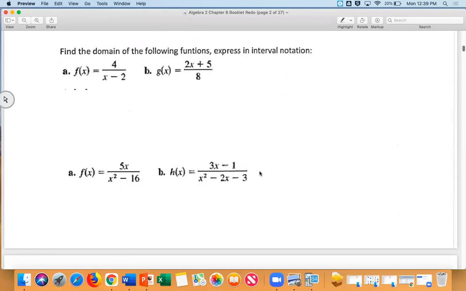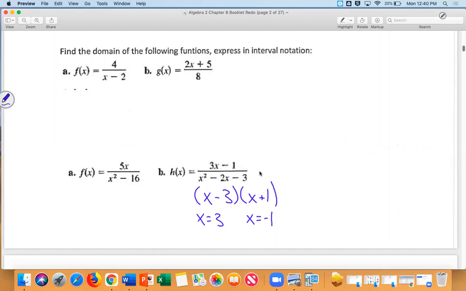First thing I want to do though, is I want to look at the denominator and I want to see if I can factor it. Can I factor x squared minus 2x minus 3? Yeah. The factors of -3 that add up to -2 are x minus 3 times x plus 1. I set each of those equal to 0.